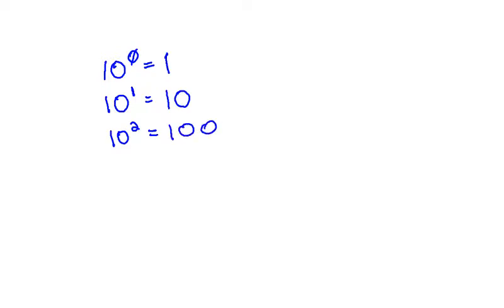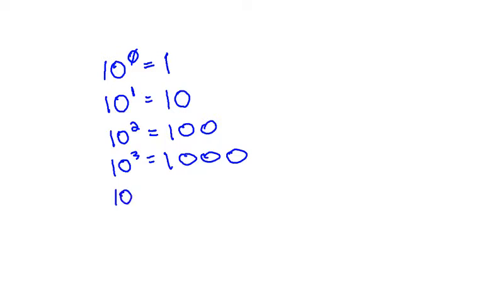So we know that 10 to the 0 power is 1. So if 10 to the 0 power is 1, then 10 to the 1 power is 10. Now 10 to the second power is 100. 10 to the third power is 1,000.